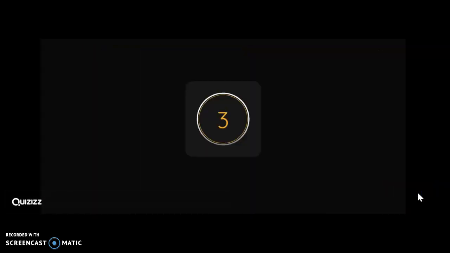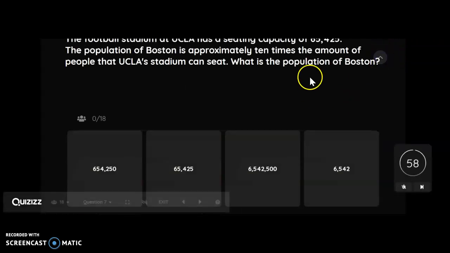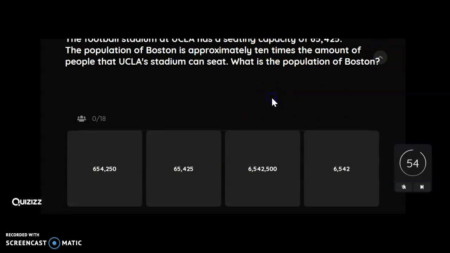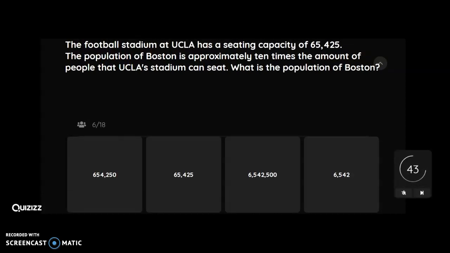Hold on just a second. The football stadium at UCLA has a seating capacity of 65,425. The population of Boston is approximately 10 times the amount of people that UCLA Stadium can seat. What is the population of Boston?